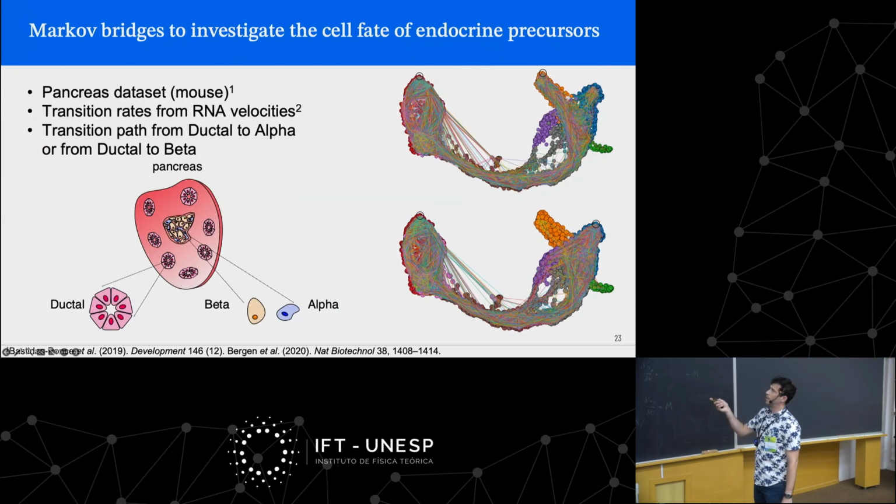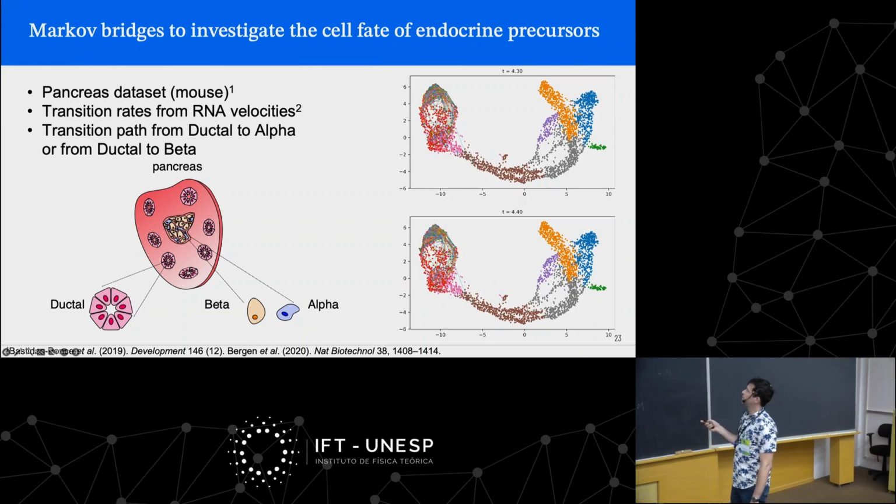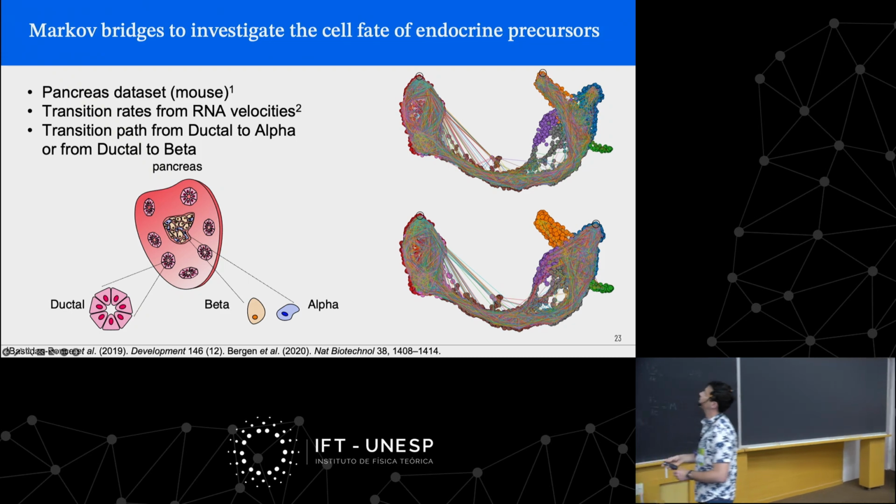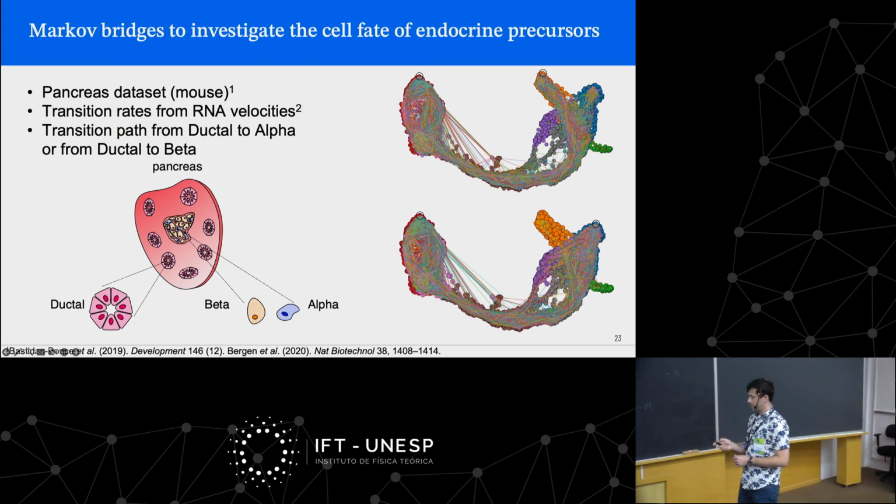Okay. So in the application I'm showing now, we chose a data set of pancreatic cells in the mouse, and in the pancreas you have the islets of Langerhans, which are where endocrine cells are, and you have 2 types: the beta cell, which produces the insulin, and the alpha cell type, which produces the glucagon, which has the opposite effect of the insulin.